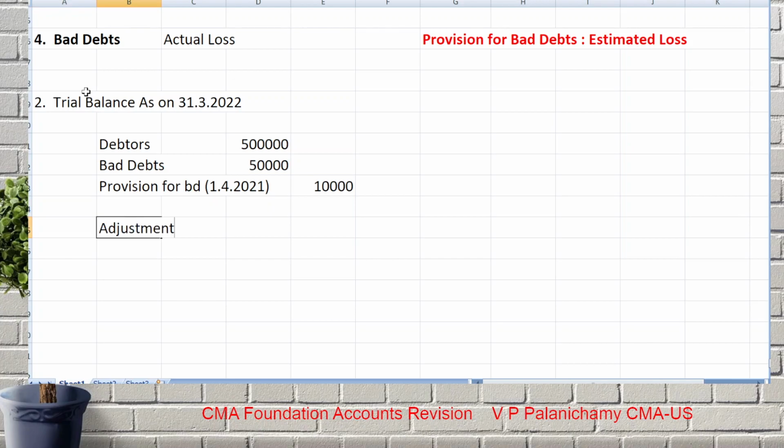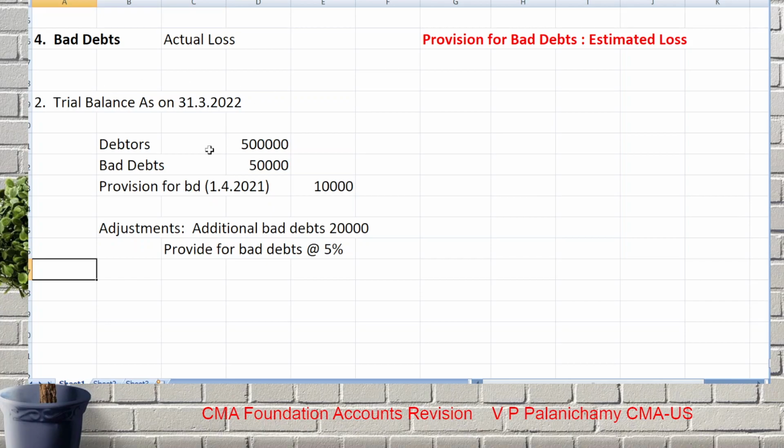Adjustmentsல additional bad debts 20,000. Provide for bad debts at the rate of 5%. They charge பண்ணுங்க. The question will be number 1.